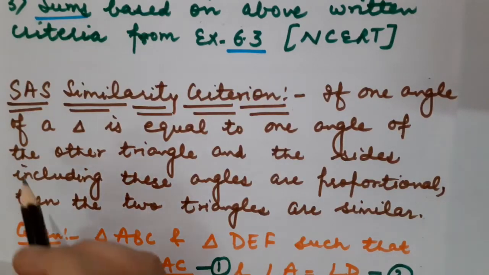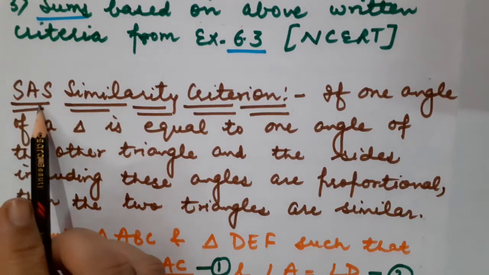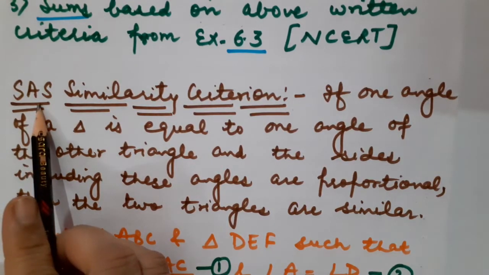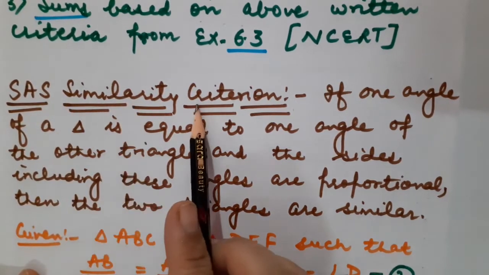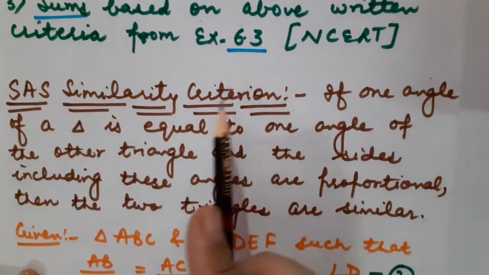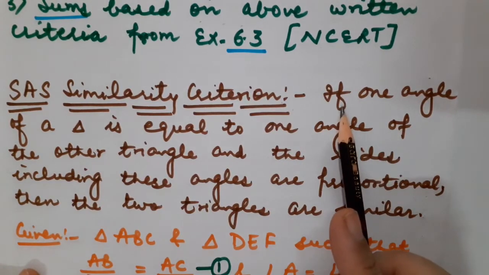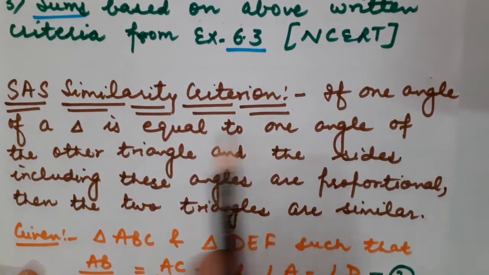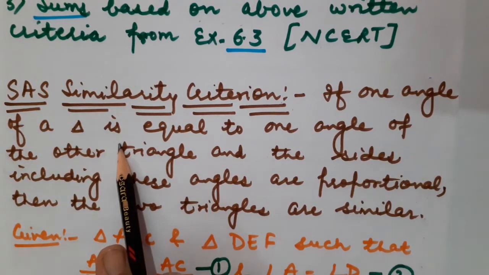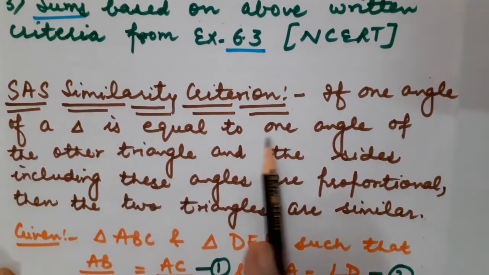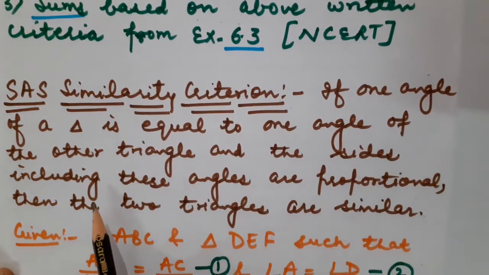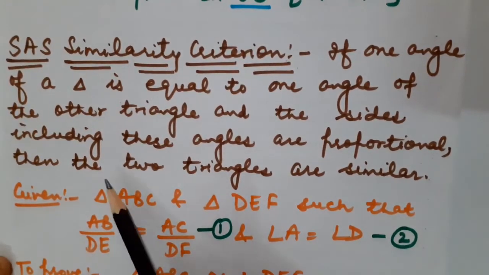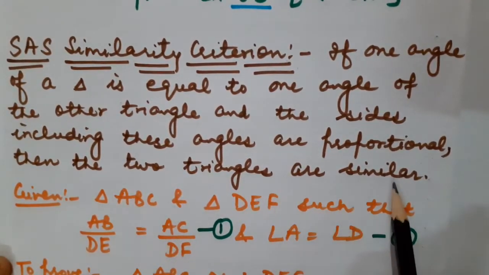Now let us start learning today's topic, in which I am going to explain the derivation of the side angle side similarity criteria of a triangle. So what is the statement of this criteria? If one angle of a triangle is equal to one angle of the other triangle and the sides including these angles are proportional, then the two triangles are similar.